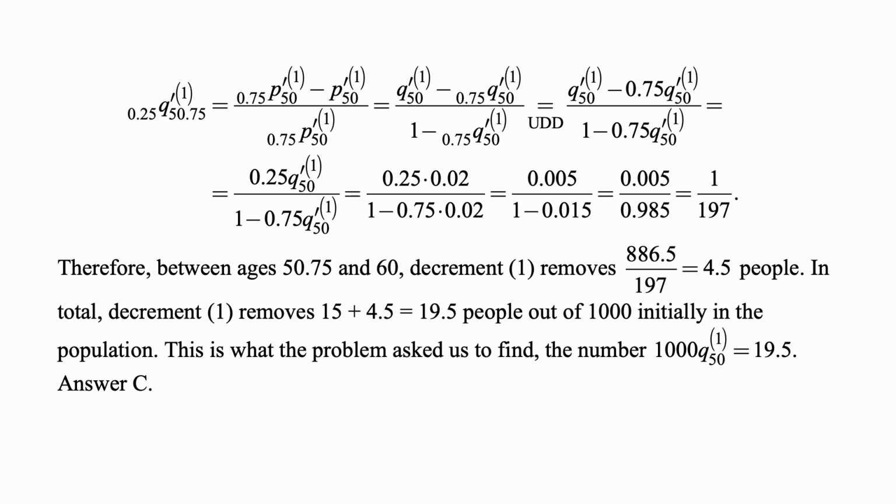In total, therefore, decrement 1 removes 15 people in the first 3 quarters of a year, and then 4.5 in the last quarter of a year. So that's a total of 19.5 people out of 1,000 initially in the population. Well, that's exactly what the problem is asking us to find. So 1,000 times q 50 upper 1 is 19.5, answer C.